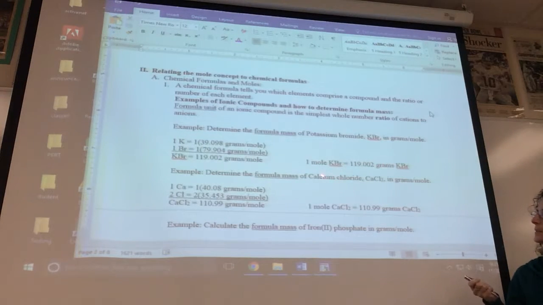If I had a substance such as calcium chloride, I would write the formula. Here I've got 1 calcium to every 2 chloride ions.